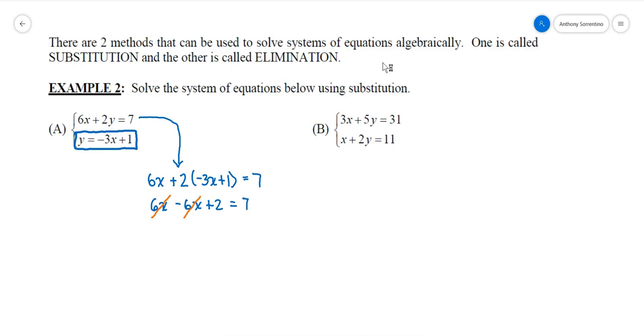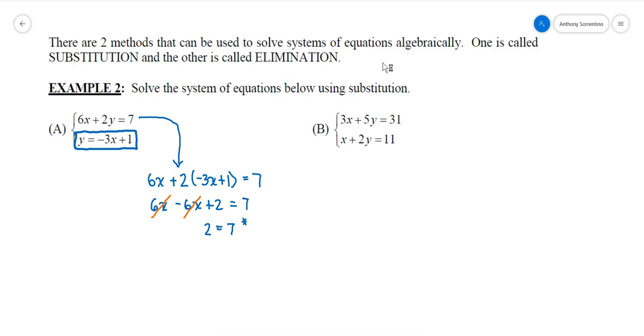If I simplify any more, and here's what goes on with this one, that's a little alarming. Both variables disappear because 6x and minus 6x will cancel. I'm left with a statement, 2 equals 7. So the very first example we have here is going to give us a special circumstance. Let me put an asterisk there for this.